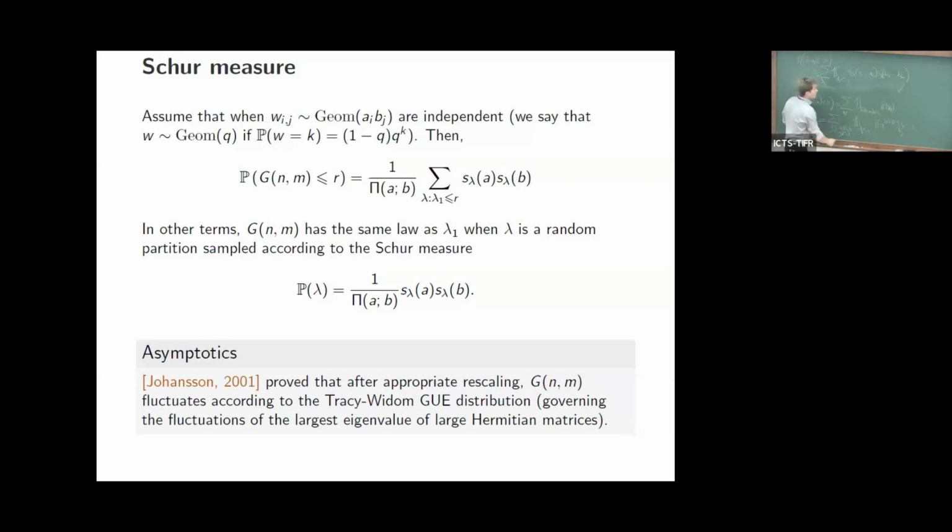And there is a normalization factor. So here in the P of W, I had a product of 1 minus a_i b_j. And this product of 1 minus a_i b_j, I can see it as 1 over pi(a,b).